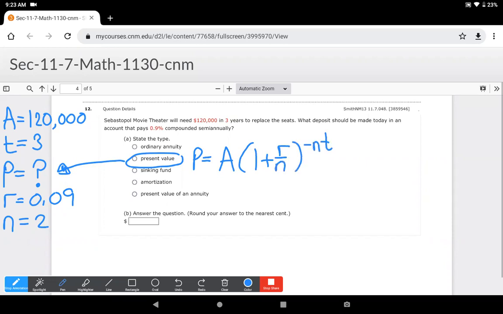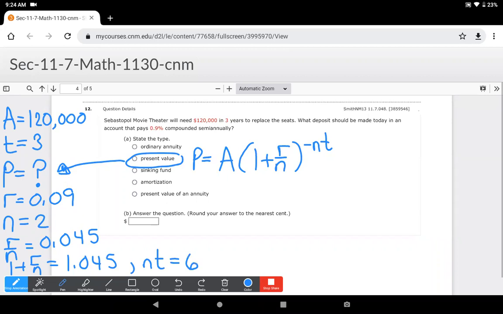negative NT. Does R over N simplify? No. Well, I mean, it could, right? Not terribly. So that would be 0.045, right? And then 1 plus R over N is just 1.045 then. And our last bit that we would need would be the NT. NT is 6, right? 2 times 3 is 6.